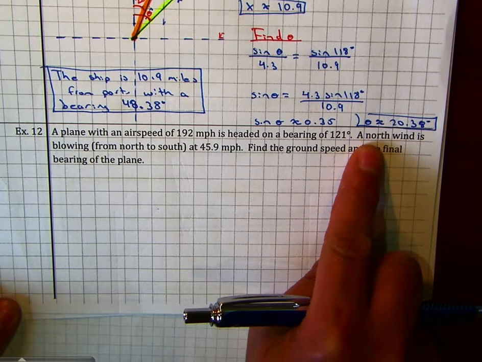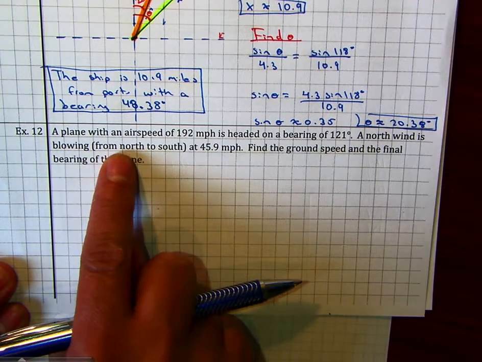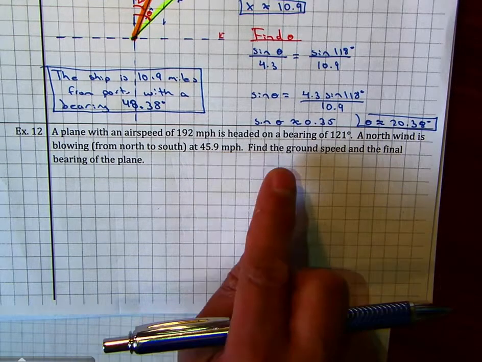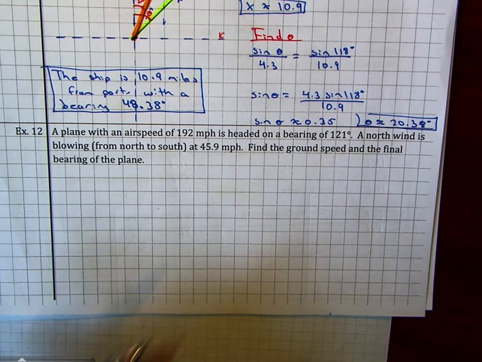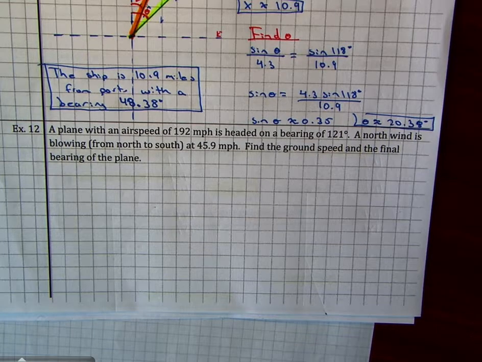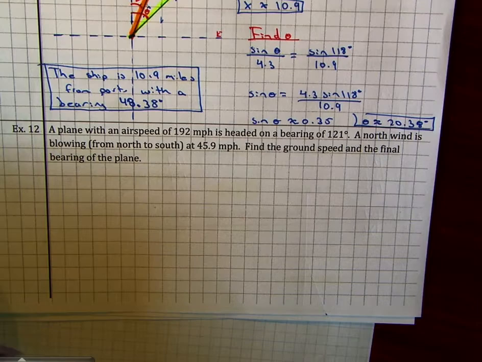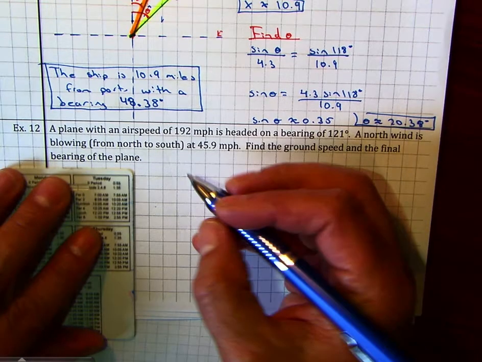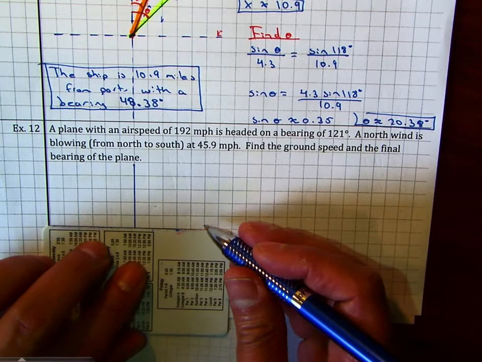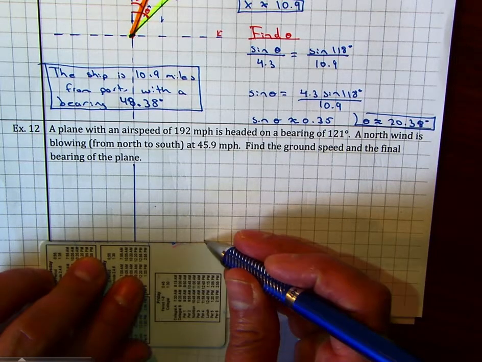Now a north wind is blowing from north to south at 45.9 miles. Find the ground speed and the final bearing. So let's make an x and y axis. We want to start at the center just so we have enough space. Sometimes you might have to redo it if you need more space above, but in this case, I think hopefully we won't.